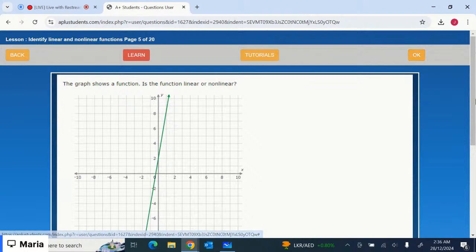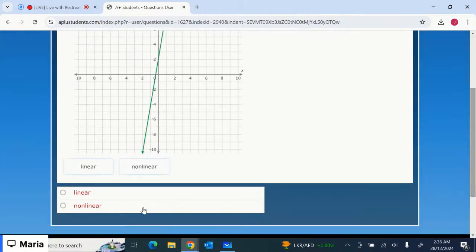That is the linear function. The correct option is linear function it is.